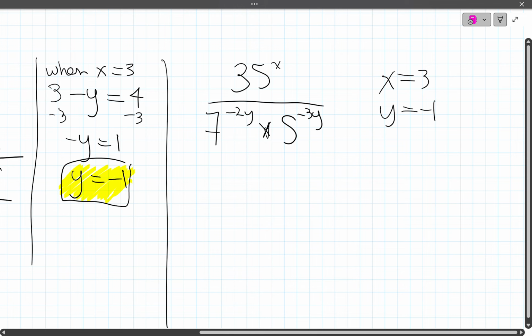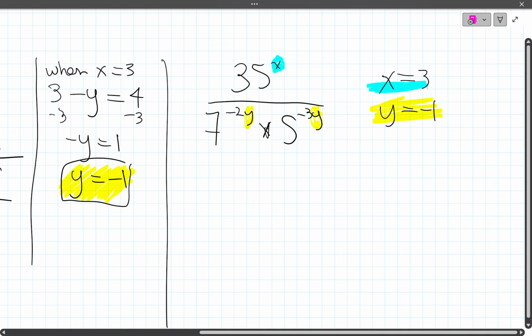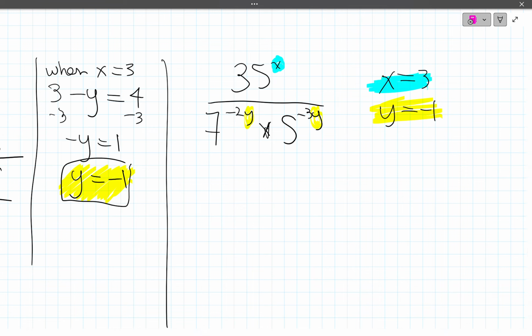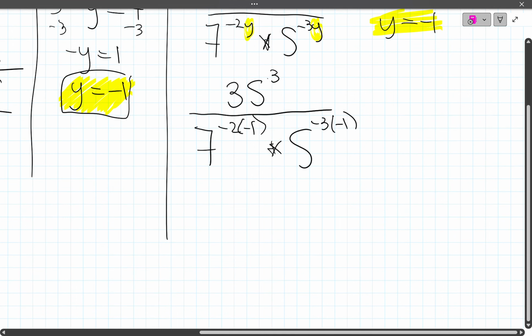I'll pop it there so it's easy for us to substitute. Let's pop y in yellow here. You can see where we're going to put that. And I'll put x in blue. So let's pop those numbers in. 35 to the power of 3. It's a bit nasty. 7 to the power of negative 2 times negative 1 times 5 to the negative 3 times negative 1.